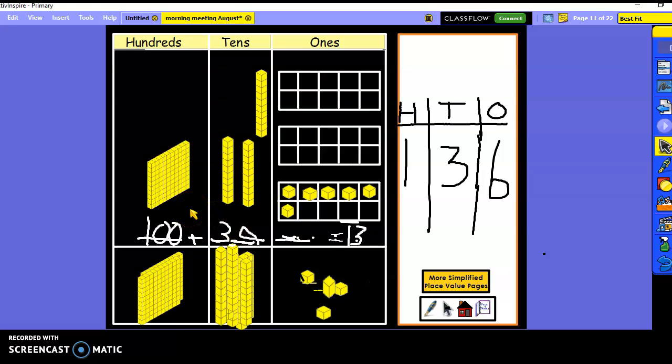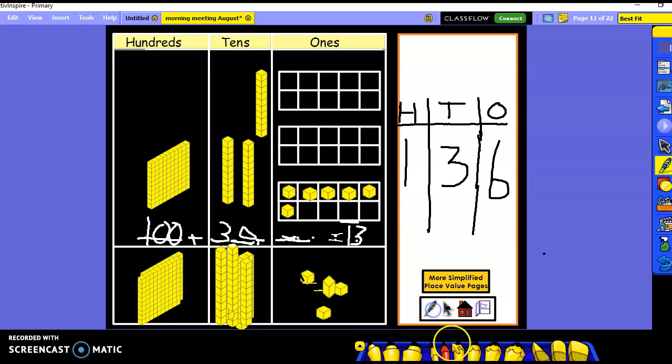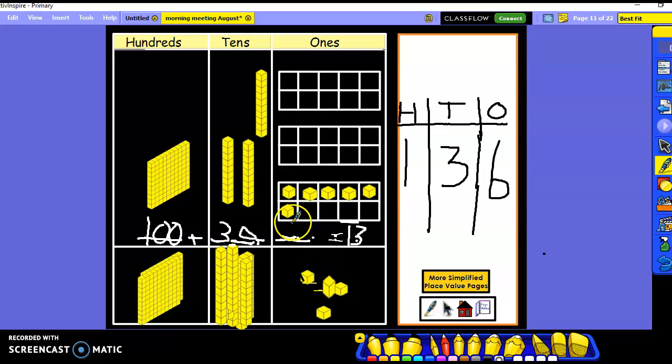So my addition problem is 100 plus 10, 20, 30 plus 1, 2, 3, 4, 5, 6. To make 136.